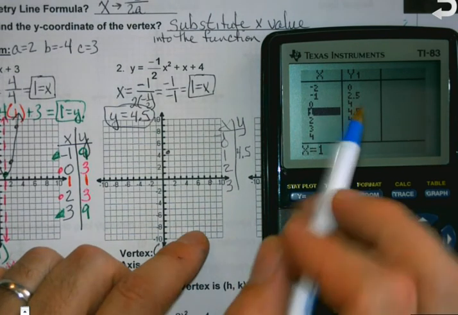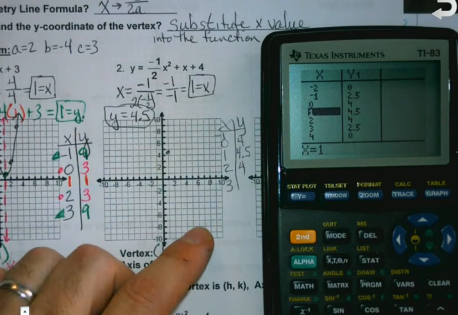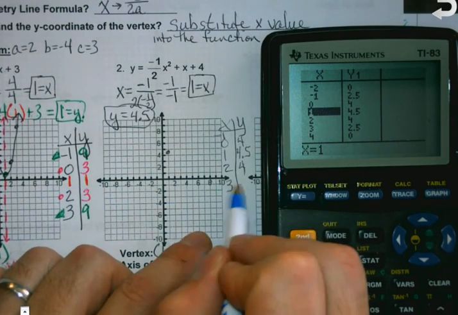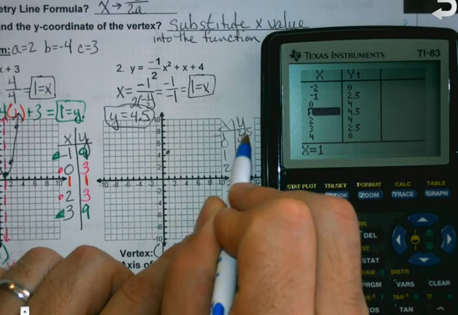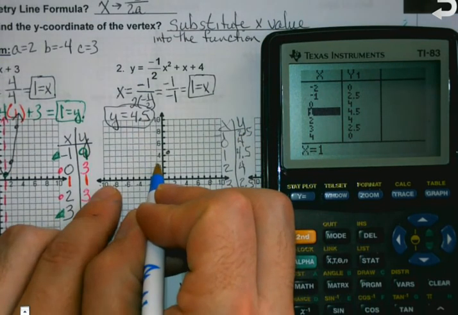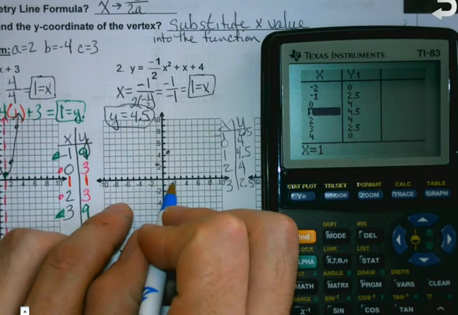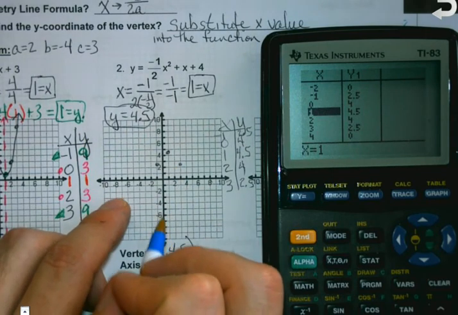And then I just use what the calculator gives me. So at 0 and 2 it's 4, and at -1 and 3 it's 2.5. And then I just plot those points. But again, I want to see, nope, it's still positive.